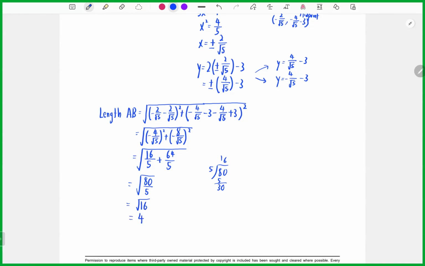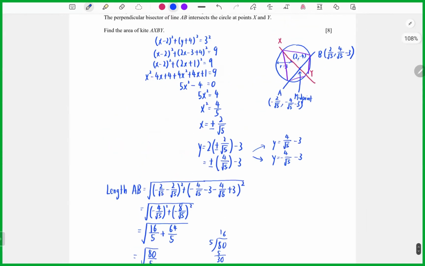So the square root gives 4. It means the length of AB is 4 units.